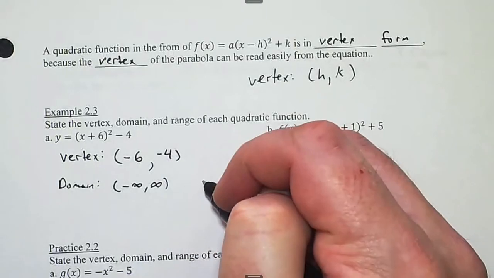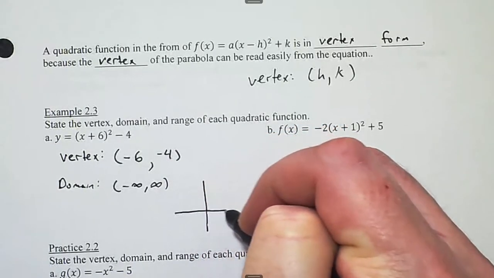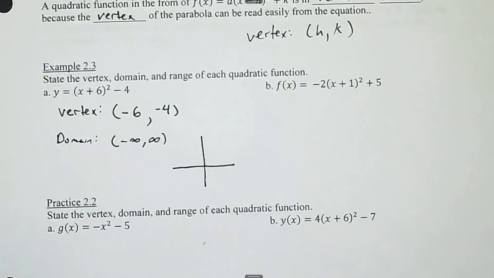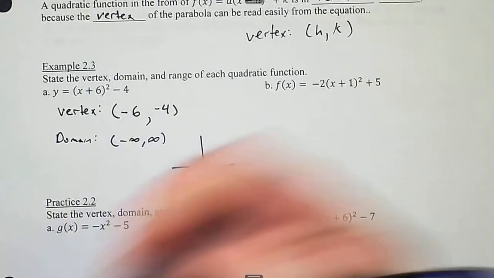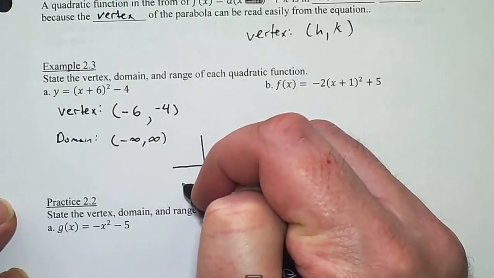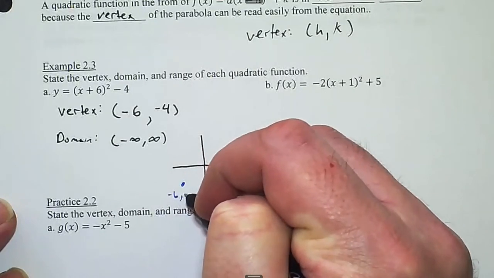The range, let's draw a quick sketch of what's happening to help us decide that. And eventually, hopefully, we'll be able to just determine it in our mind. So this is a parabola with a vertex at negative 6, negative 4, which is somewhere over here.